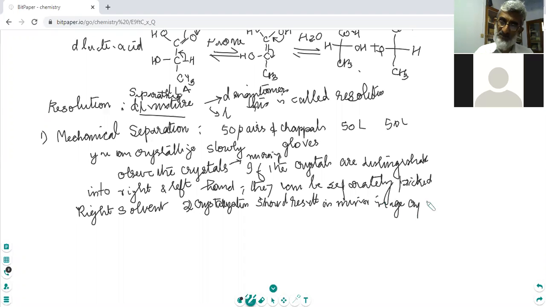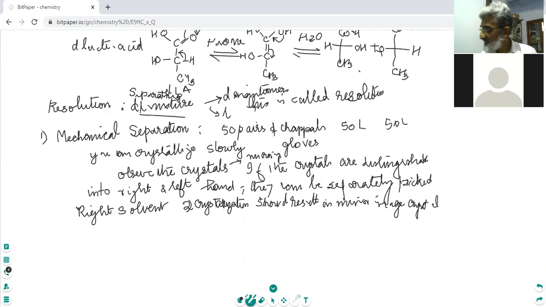Remember, this is very difficult. Once you get the solvent and start crystallizing, still getting mirror image crystals is very, very difficult. So rarely it happens.